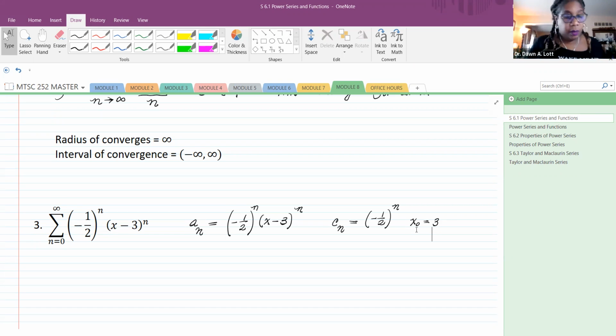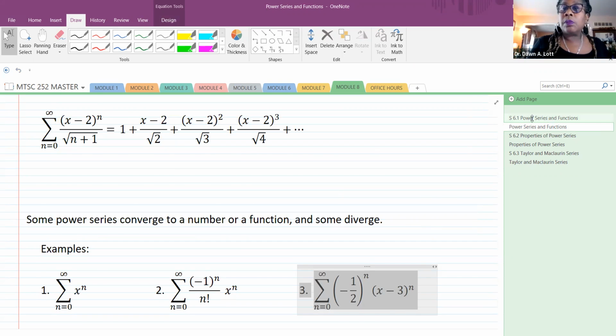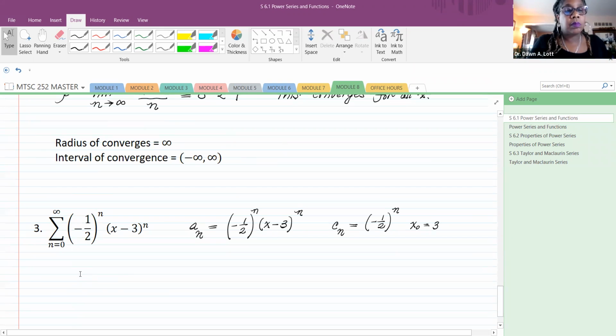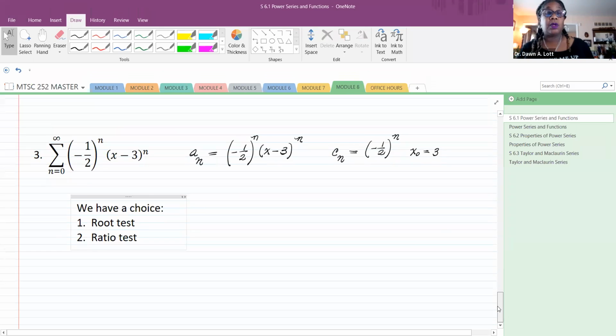Okay, so now for this problem, we have a choice. One, we can use the root test. And two, we can use the ratio test. For this problem, I'm going to go ahead and use the root test.